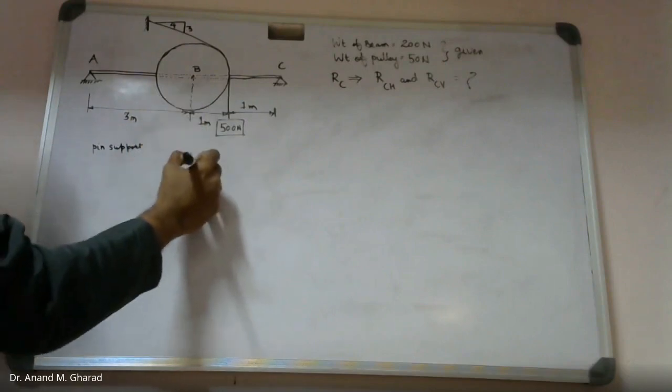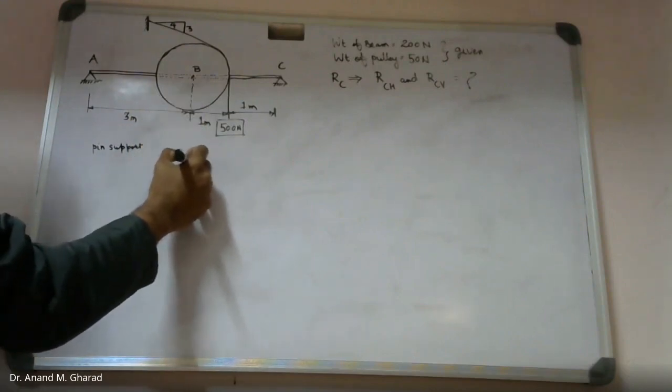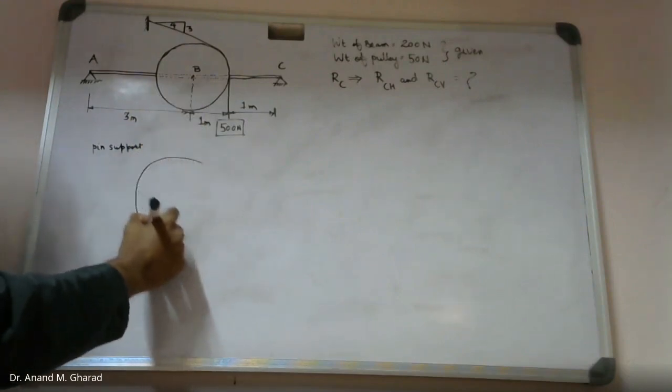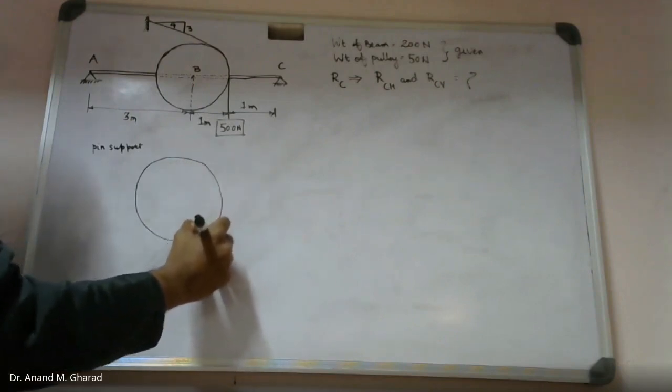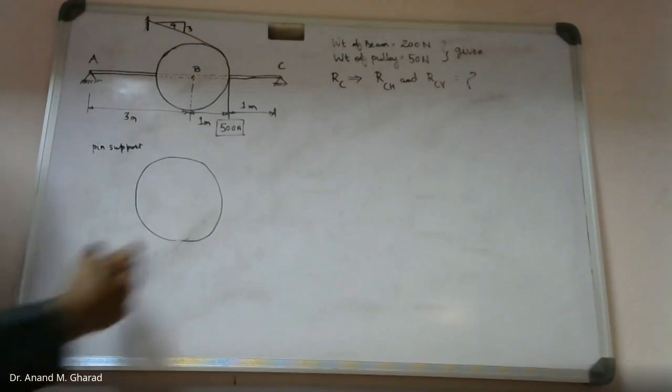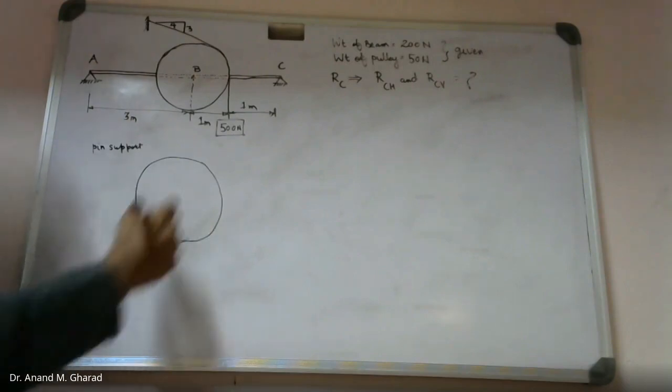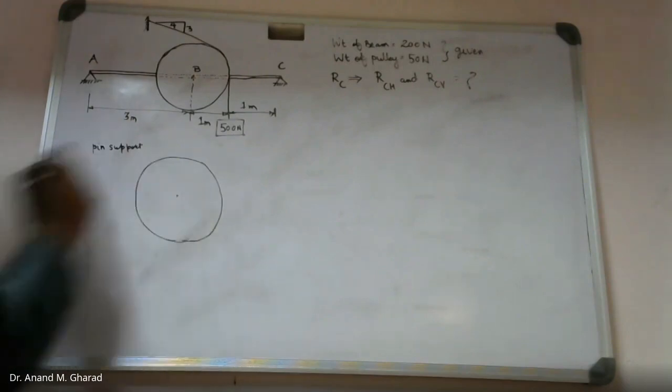So if I separate, let's say first of all, this pulley. This is at point B.